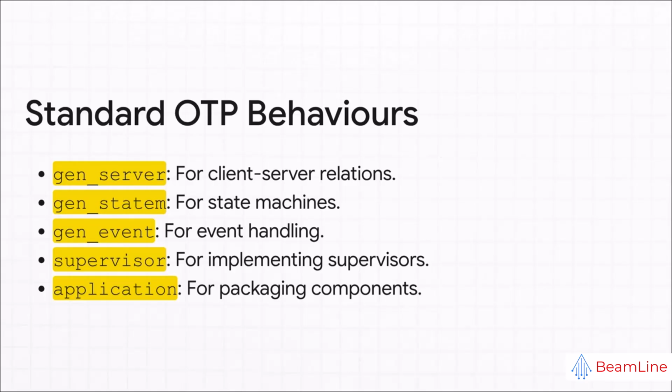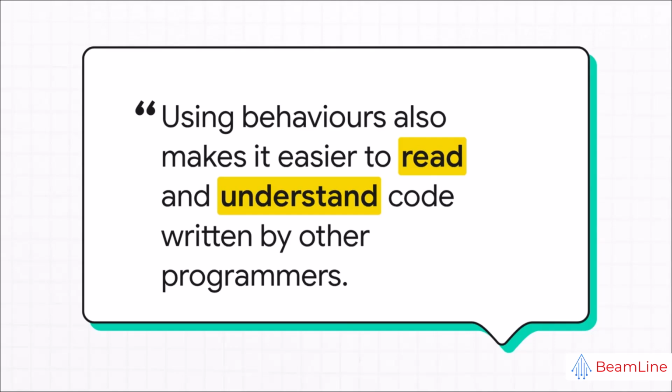All you have to do is plug in your specific logic. It takes care of all the tricky generic stuff for you. And the benefit here is massive. It's not just about building things faster. It also means the code is way more maintainable. When every developer in the community is using the same standard patterns, it becomes so much easier to jump into a new project and understand what's going on. It's like everyone is speaking the same architectural language.